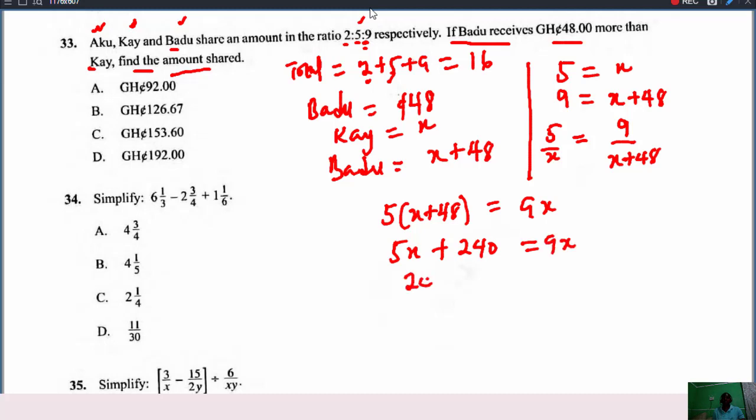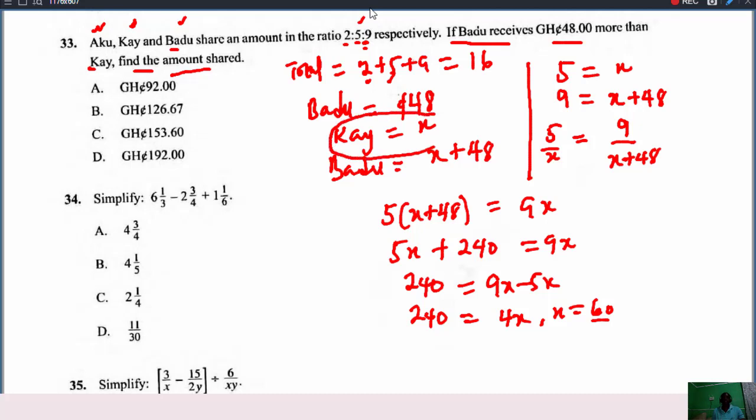So 240 will be 9x minus 5x. So 240 will give us 4x. So 240 divided by 4 will give us 60. So x is 60. So x stands for who? K. So K had 60. K had 60. Good.